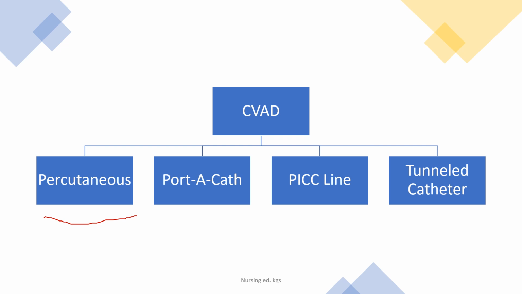We have our port-a-cath or implanted venous access device, peripherally inserted central catheters, and then the tunneled catheters. If a CVAD is labeled as power, that tells the CT lab that they are able to use it with their power injector.